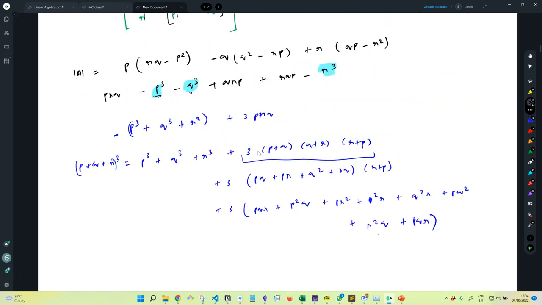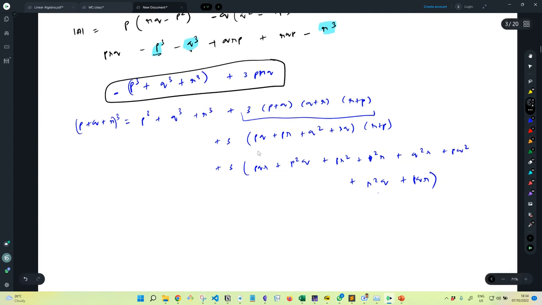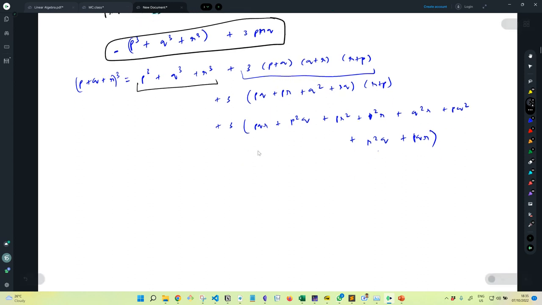we have an expression, the determinant of A equals this quantity, right? Determinant of A equals this quantity, which means I can substitute. Let me take this quantity to the LHS. So then from this equation I have minus of (p cube plus q cube plus r cube).